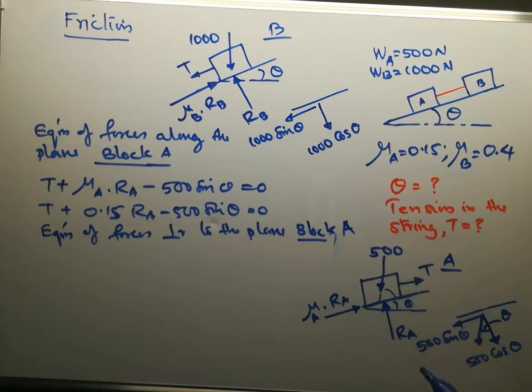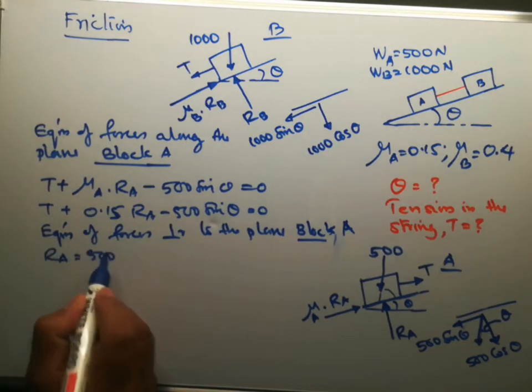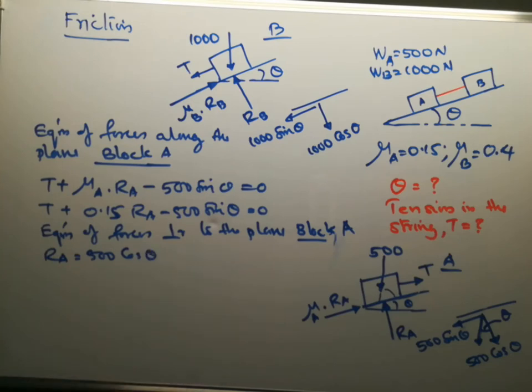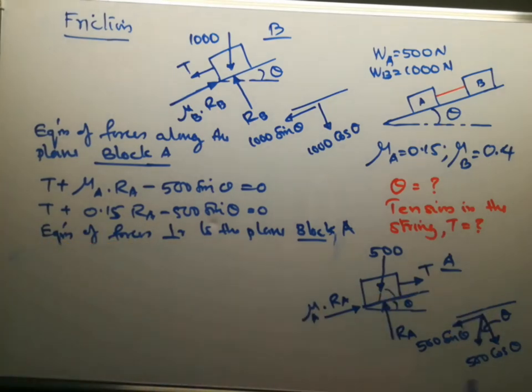That is Ra and 500 cos theta. So it will be Ra equal to 500 cos theta. How do you get it? Because 500 cos theta is acting downwards and Ra is acting upwards.